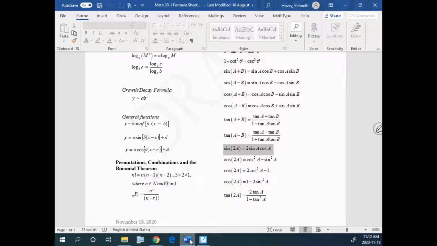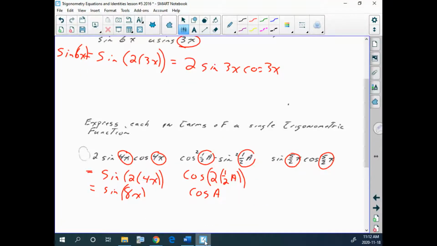So we're going to do a little bit of math trickery. I'm going to multiply this by 1/2 and by 2. What have I essentially done? I multiplied it by 1.